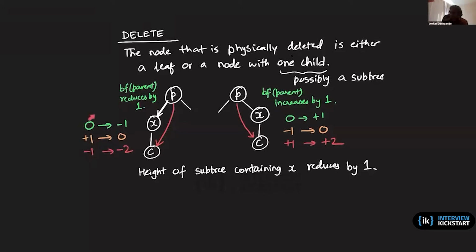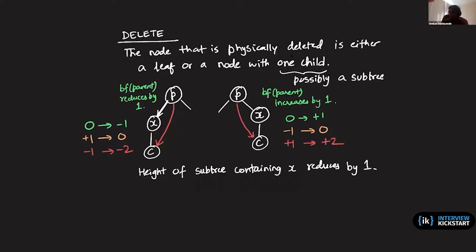Right, these are the three possible values that the branching factor could have had before the deletion, and after the deletion, these are the three resulting values that it could take. Likewise, in this case. So what we want to do is to analyze each of these three cases and see what to do to fix things.